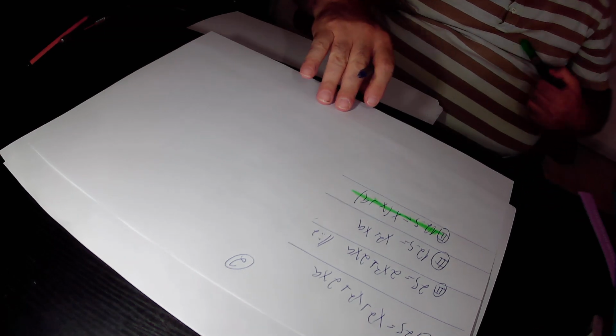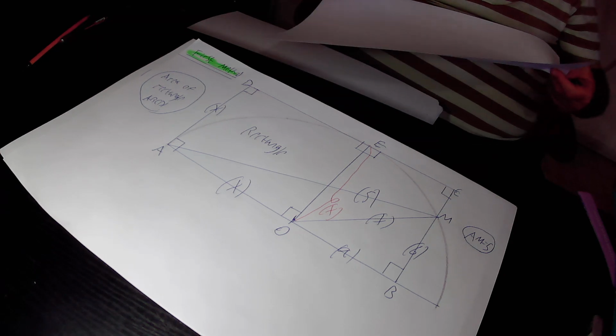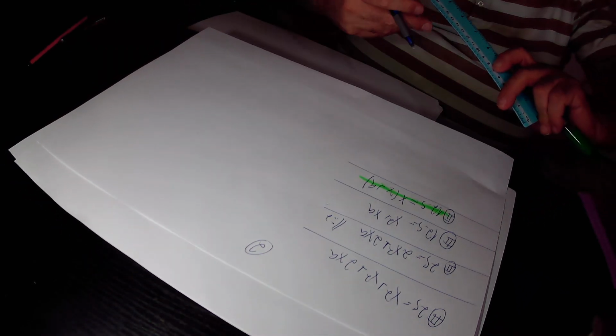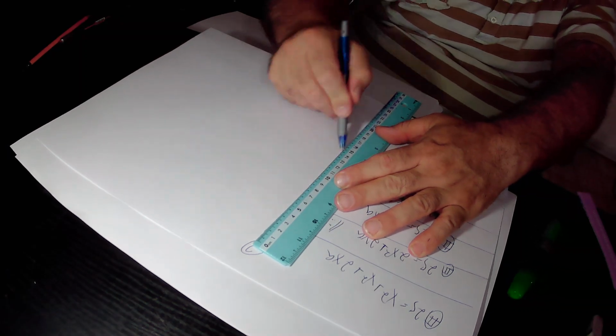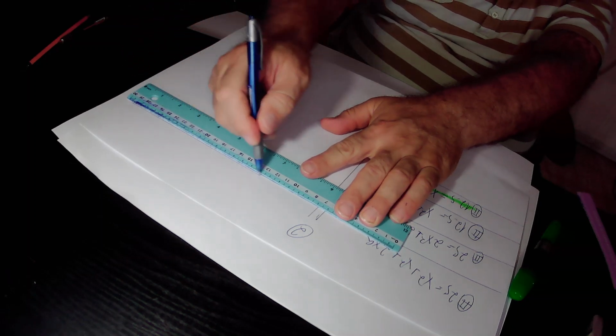Our mission is to find out the area of this rectangle ABCD. So what is the area of rectangle ABCD?